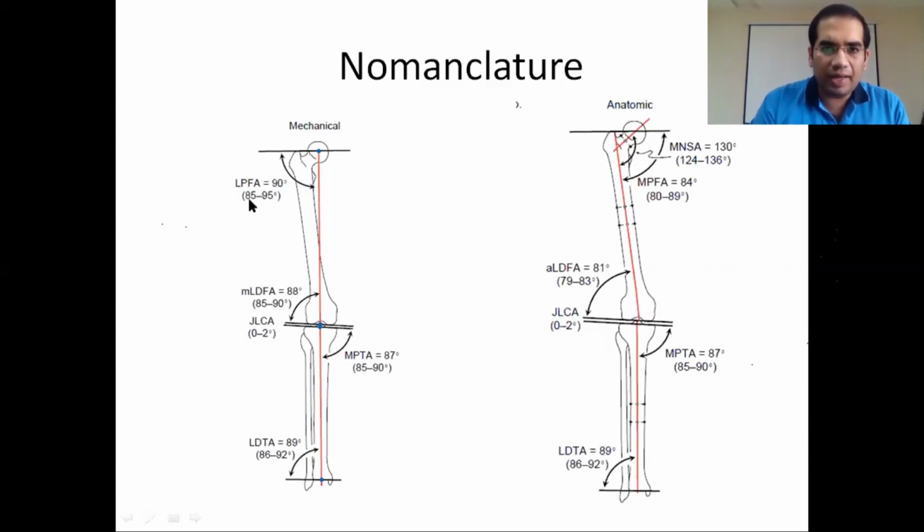Lateral proximal femoral angle is 90 degrees, lateral distal femoral angle is 88 degrees. Well, here in the anatomical section, we take the medial proximal femoral angle, because as I told you as a rule, the angle which is less, the acute angle, we take as a reference.